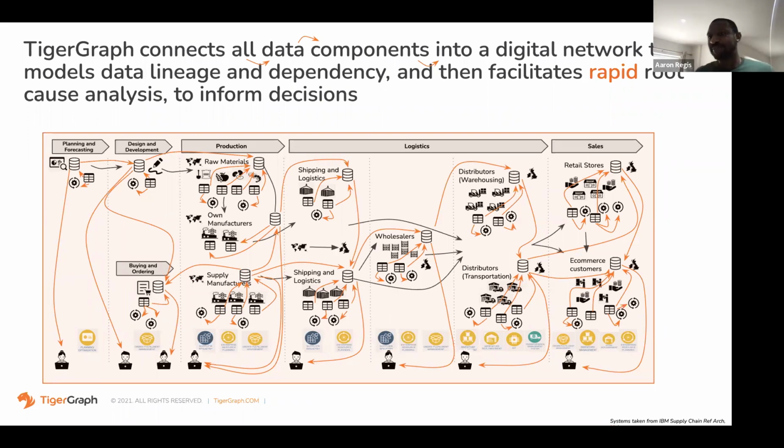And we can use an example from a large retailer that created a digital twin of their data operations. And this is just a little graphic here of the sort of complexity that you can imagine.